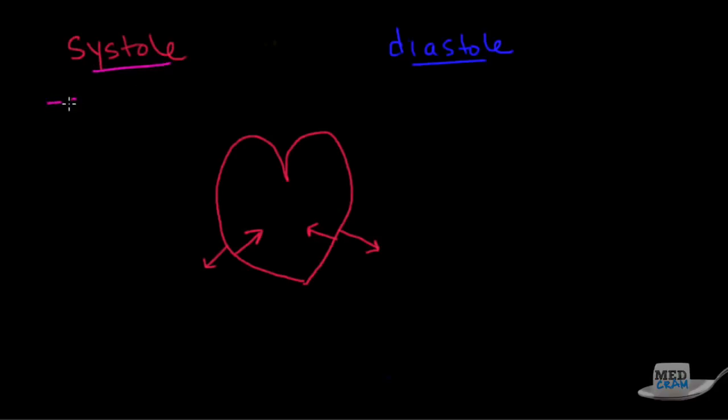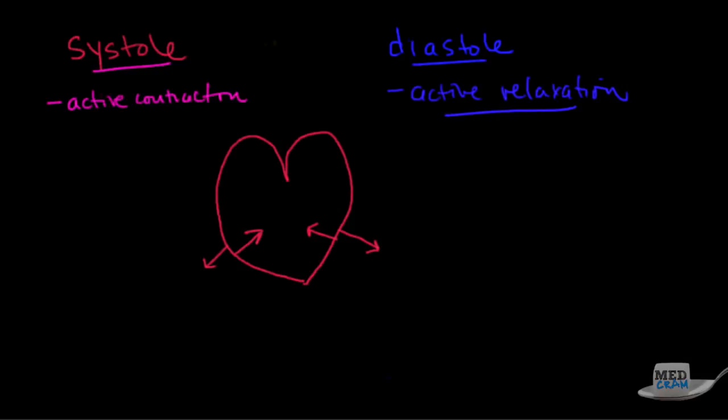Now, systole is where there is active contraction. Diastole is when there is active relaxation. If you have a problem with either of these two functions, you could get congestive heart failure. Systole is when the heart is pumping blood actively into the aorta and to the systemic circulation and pulmonic circulation.